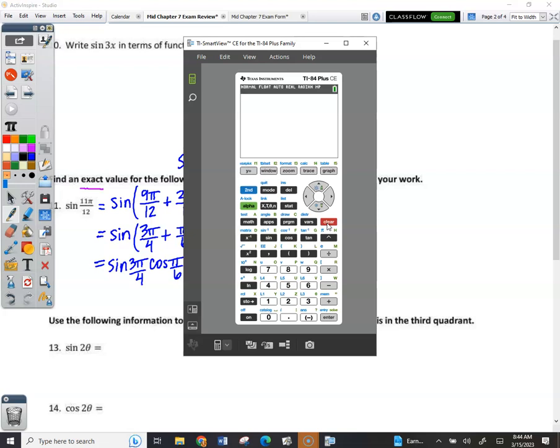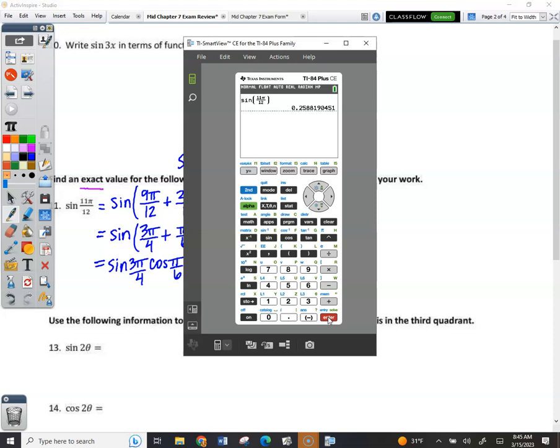This is what type of measure? It's radian, so you need to be in radian. Just hit mode, make sure radian is highlighted, come out of it, and type it as is. Sine 11 pi over 12.